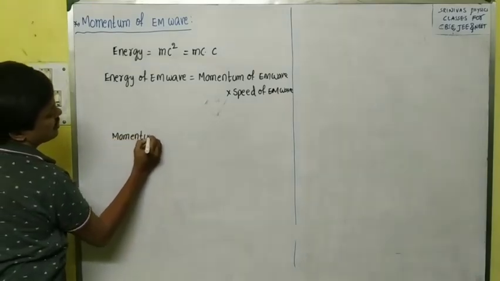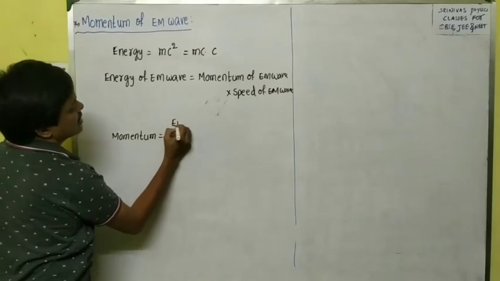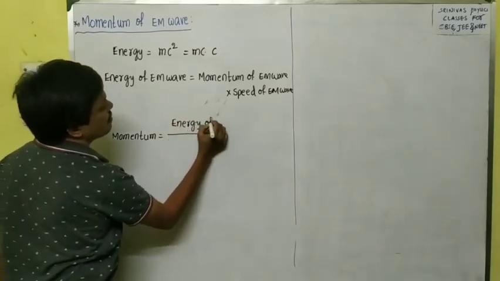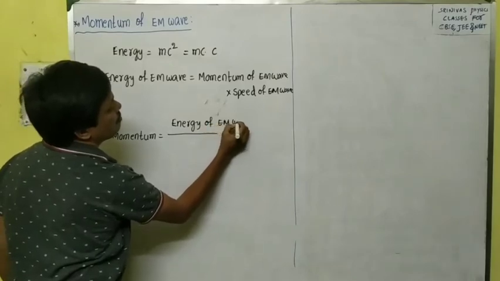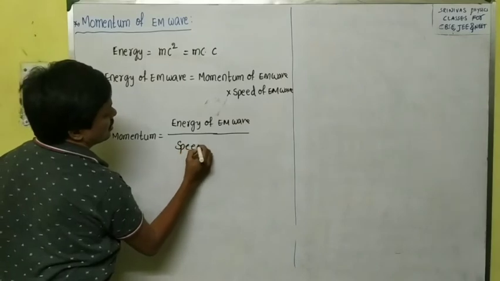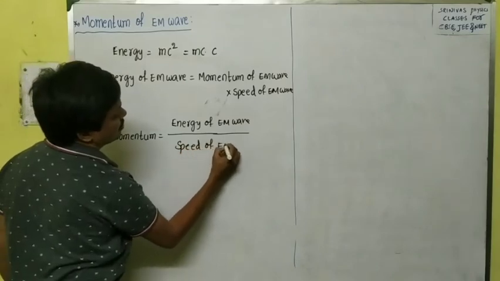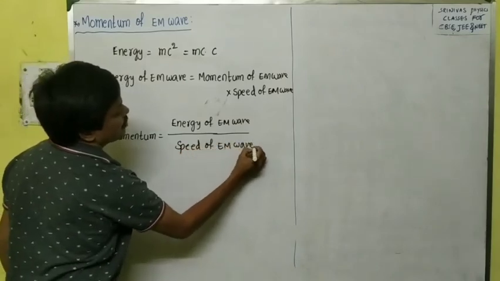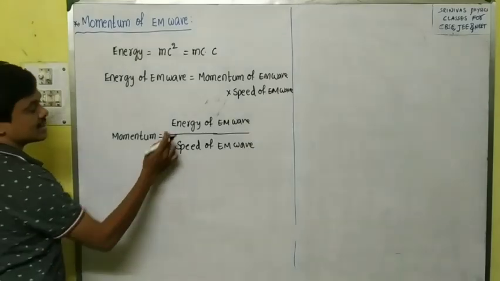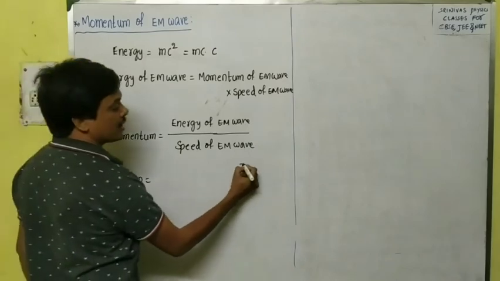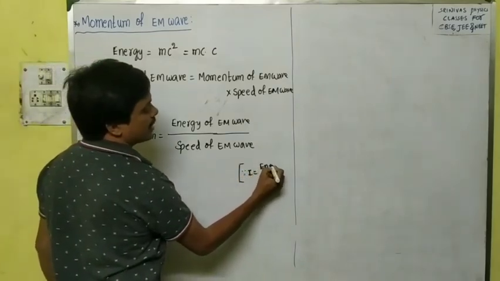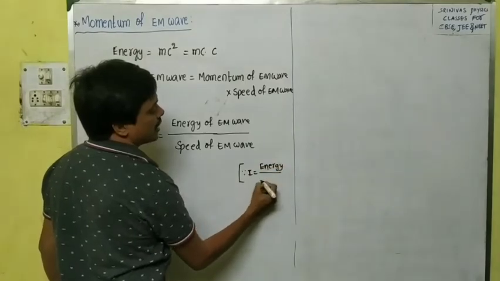Momentum is equal to energy of EM wave by speed of EM wave. This is the formula for the momentum. The momentum P we can write as energy by c. For the energy, we know intensity is equal to energy by time into area.